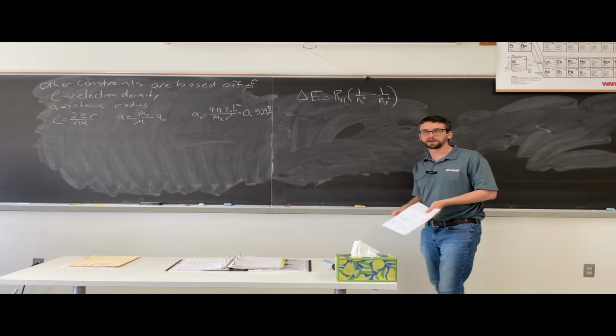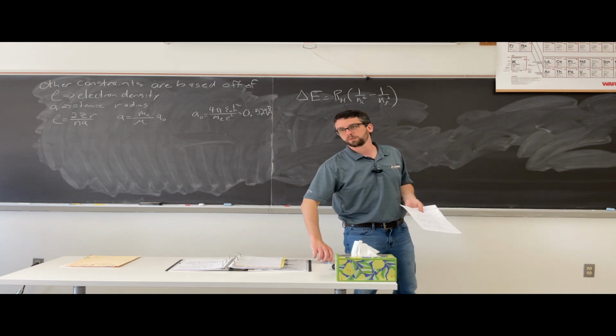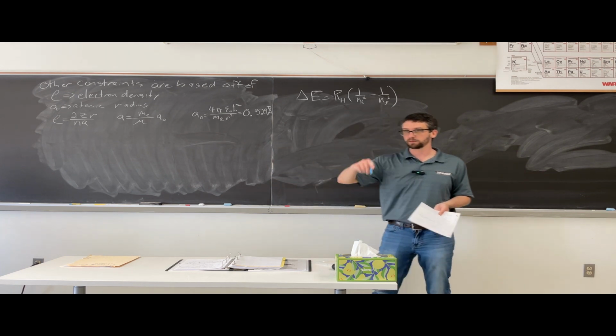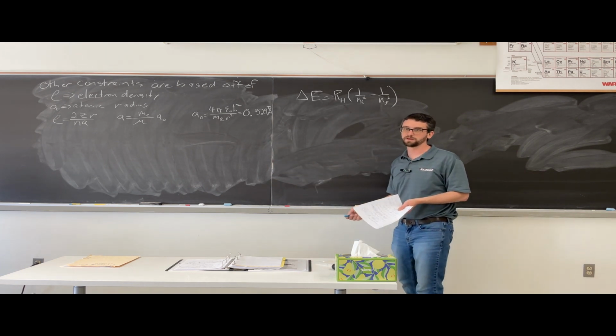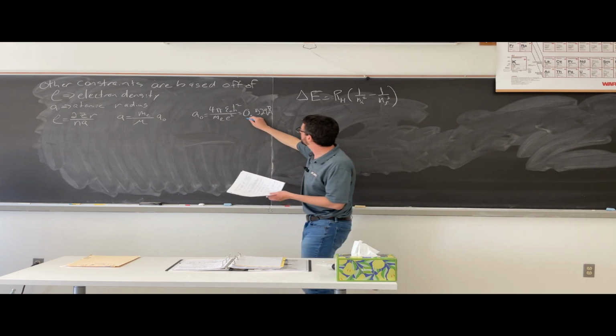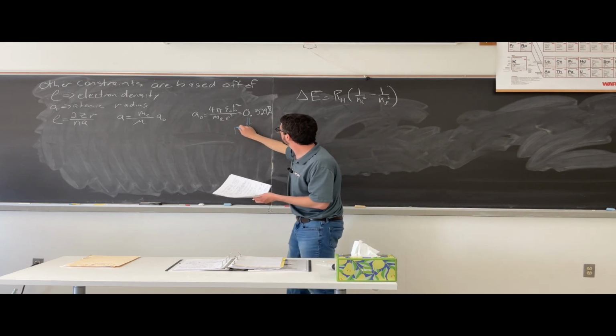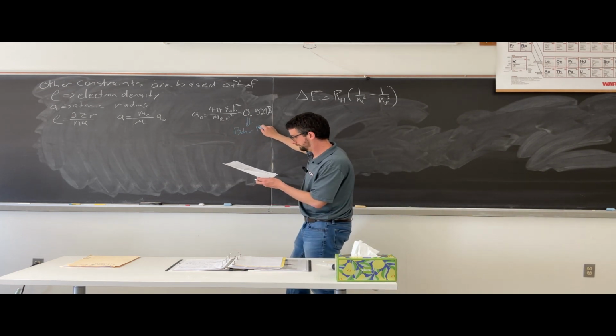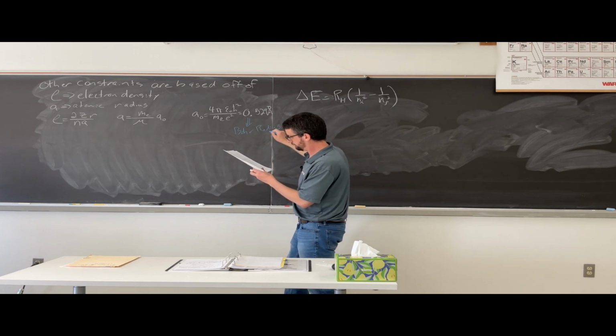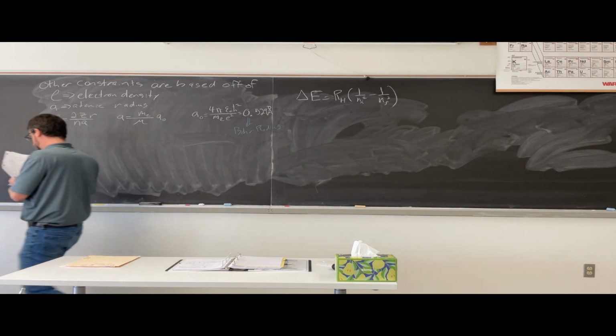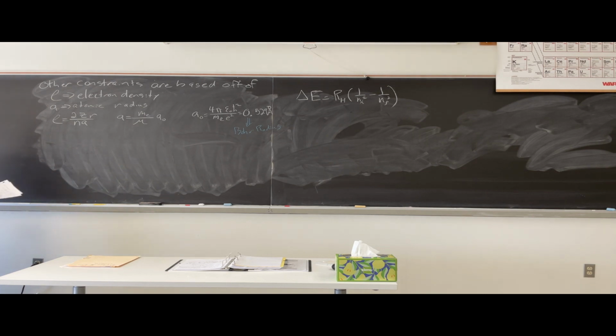This is known as the Bohr radius. When you used Bohr's model of the atom and you were calculating the orbit, or the distance that the electron was moving from the nucleus, this is the value you would get. Okay.